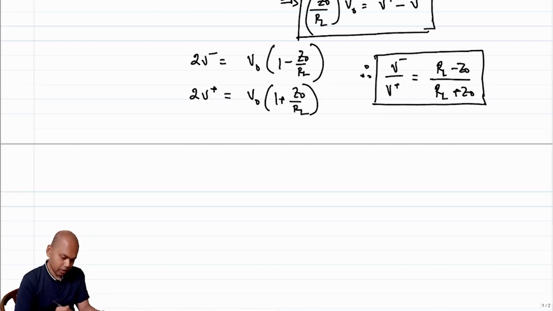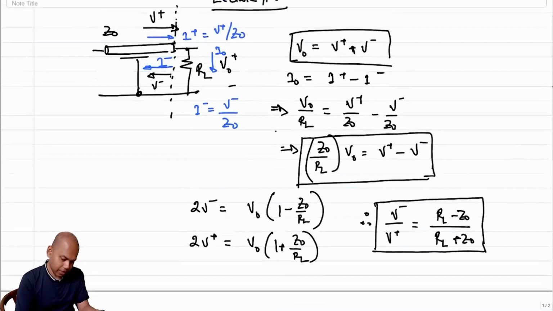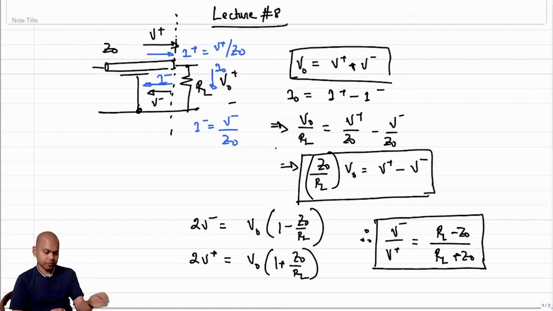What is this relationship telling us? If RL is infinite, which is the case we solved in the previous lecture, then V minus becomes exactly equal to V plus, so the forward going wave and the reflected wave are identical.